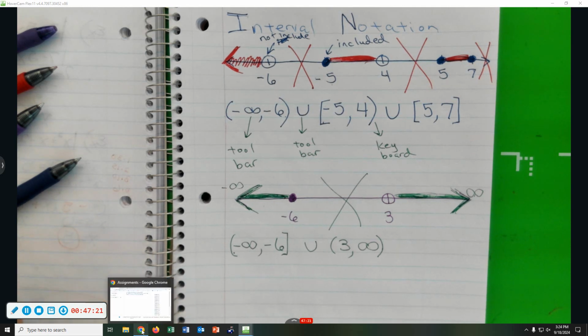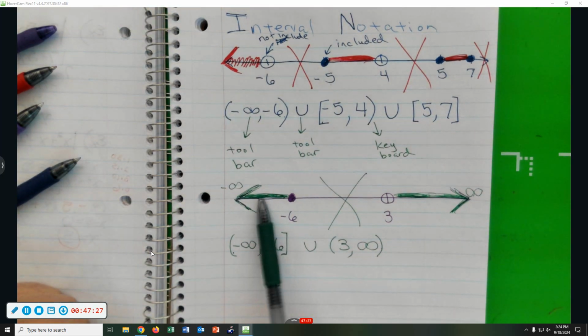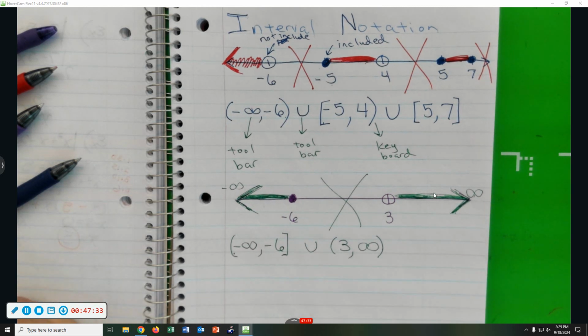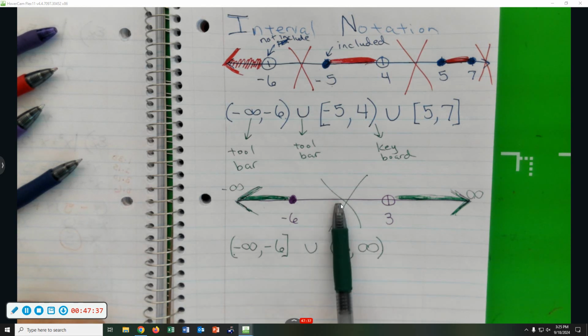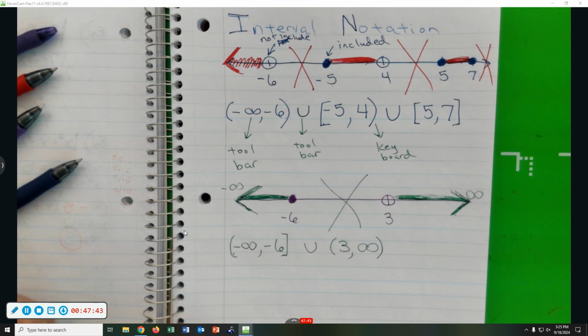Okay, let's see. If y'all understand this, you'll be able to tell me which interval contains the numbers 0: interval 1, 2, or 3? Where is 0 located on this number line? There, interval 2. 0 is between -6 and +3. Where's -10?